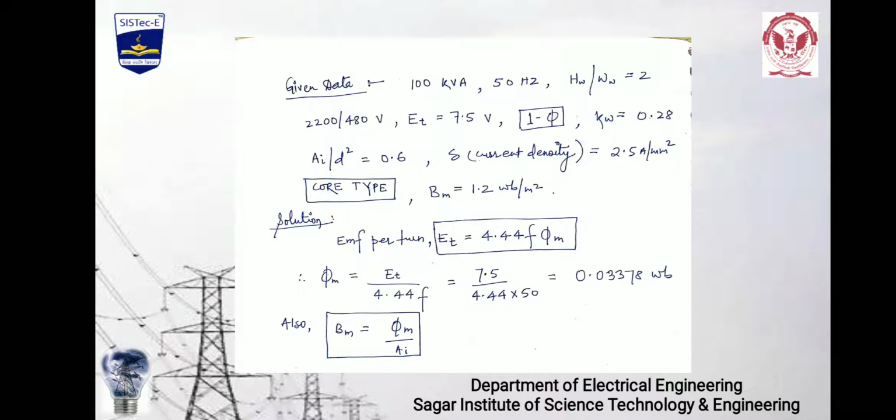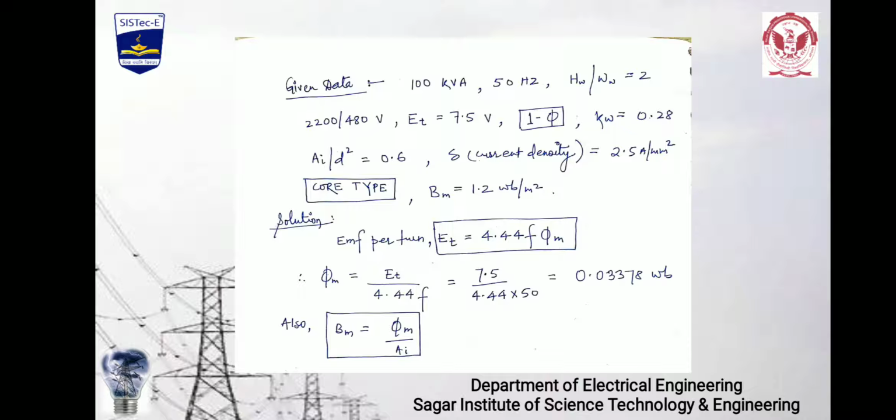The key idea behind solving any kind of numerical problem is to read that numerical problem twice or thrice. That will give you an idea how to start. First of all, we have to write the given data: 100 kVA, 50 Hz, HW upon WW is equal to 2, 2200/480 volt, ET is equal to 7.5 volt, single phase transformer, KW is equal to 0.28, and the ratio AI upon D square is equal to 0.6.